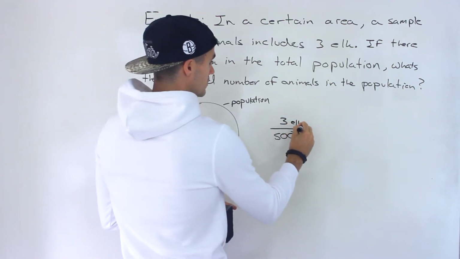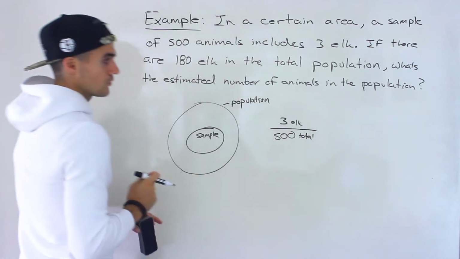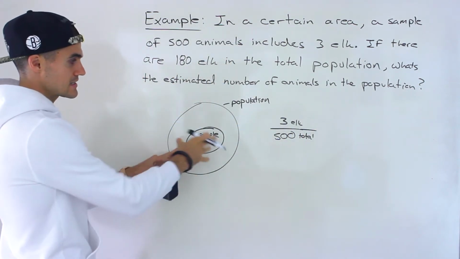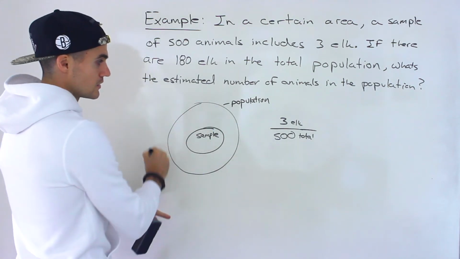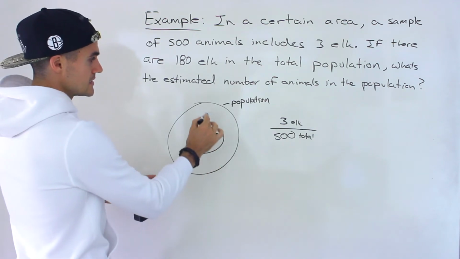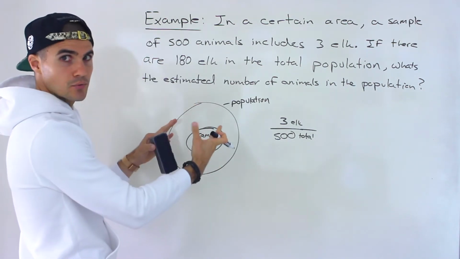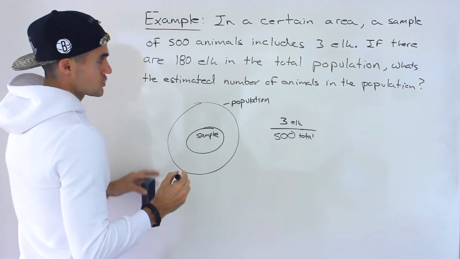There's 3 elk for every 500 total animals. So that's the sample, and what we do with a sample is we try to extrapolate the data to the population, because looking at the population in detail would take too many resources. So you take a sample and then you extrapolate the data.